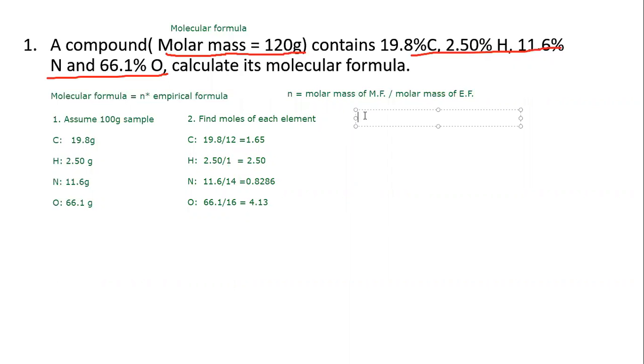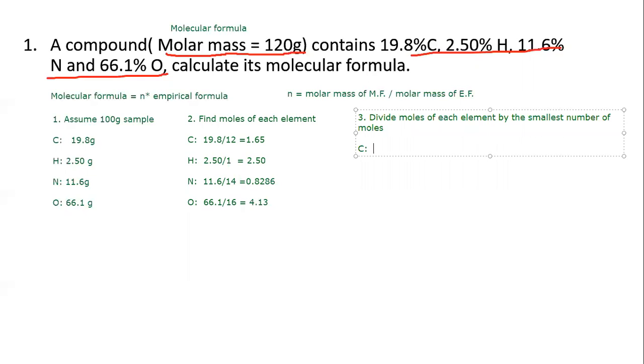The third step, divide the moles of each element by the smallest number of moles. So you look at your different moles, you see which one is the smallest. We're going to divide everything else by that. And so when you look at the moles, you see nitrogen is the smallest.